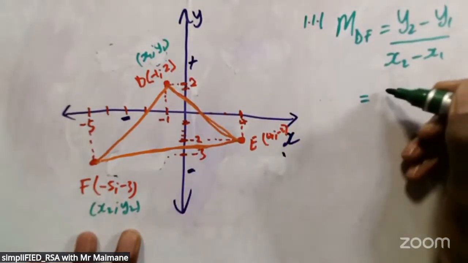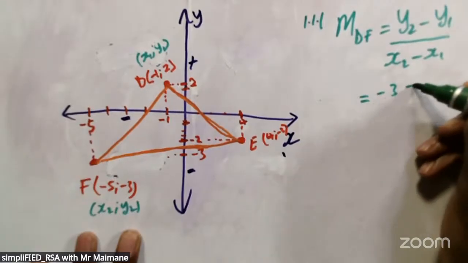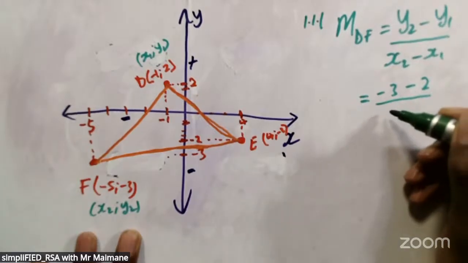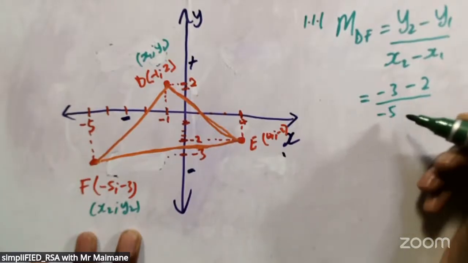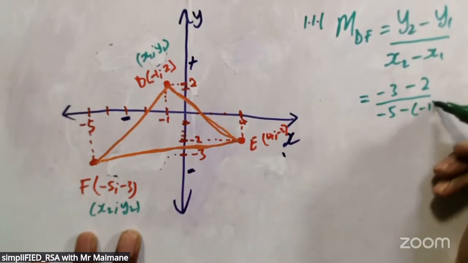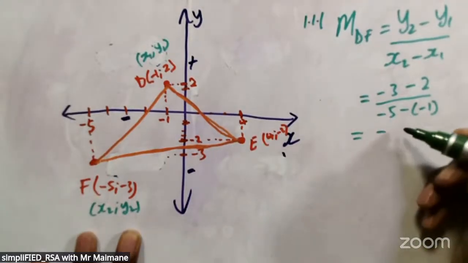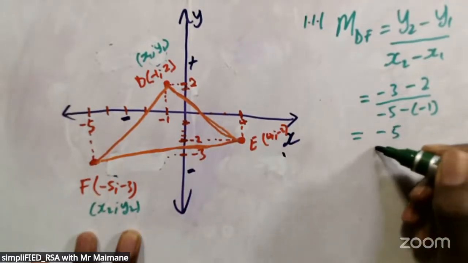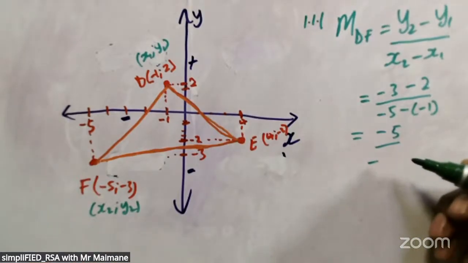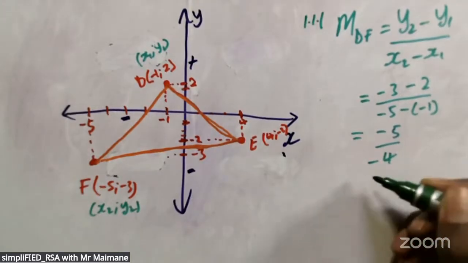So it will be -3 (y2) minus 2 (y1) over -5 (x2) minus -1, because it's a negative. Therefore, we would have -5 over -5 plus 1, which will be -4.